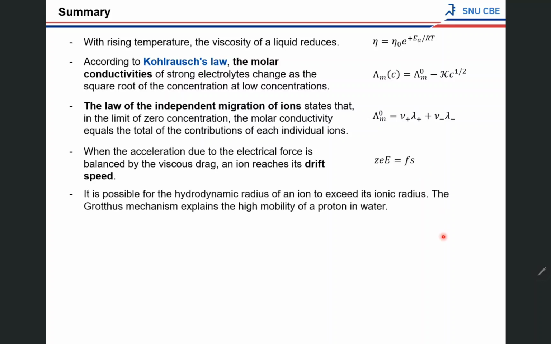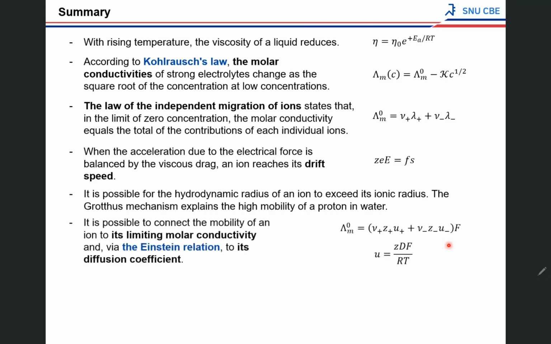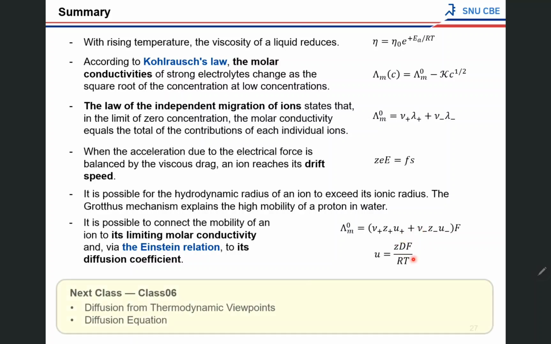We also discussed the relation between the ionic mobility and the size of the hydration sphere of the ions. Then we combined the Einstein relation to express the law of independent migration in terms of the ionic mobility, and derived the relation between the diffusivity, the ionic mobility and the limiting ionic conductivity.